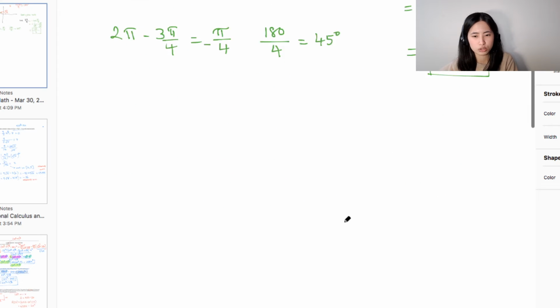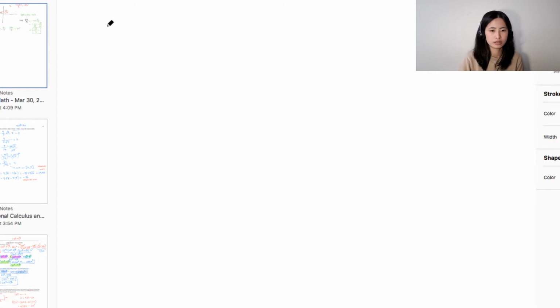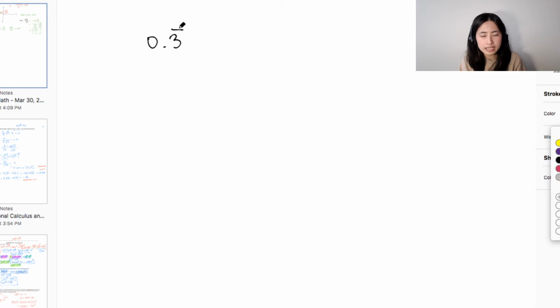Maybe I can just illustrate that. Okay, so this is 0.3, right? Make sure you have that bar symbol because you're saying that 3 is repeating. So they're saying this is x.